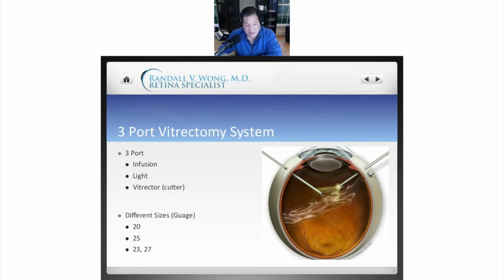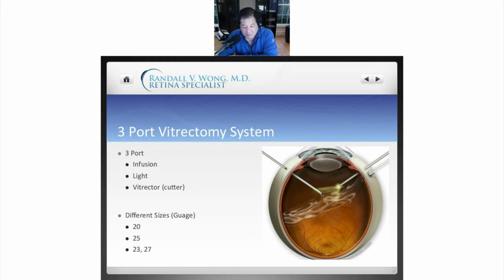This is what we call a 3-port system, very, very similar to arthroscopy. So we have 1 port for the infusion, 1 port or hole in the eye for light, and a 3rd hole or port for the vitrector, otherwise known as a cutter.